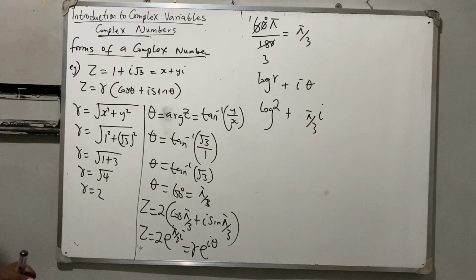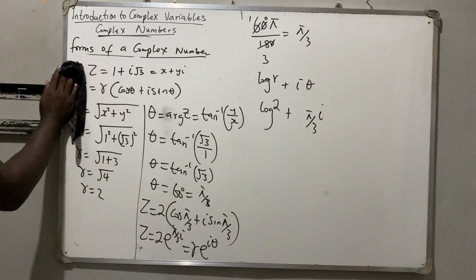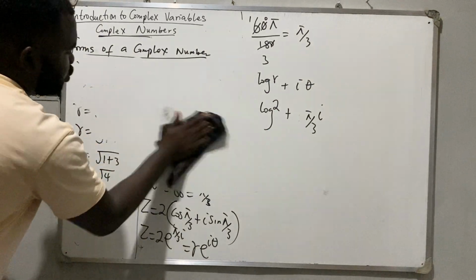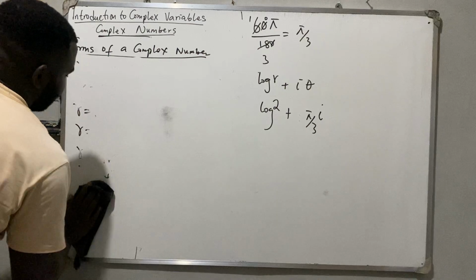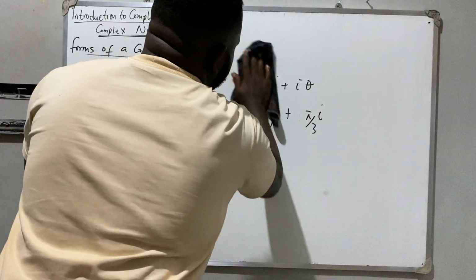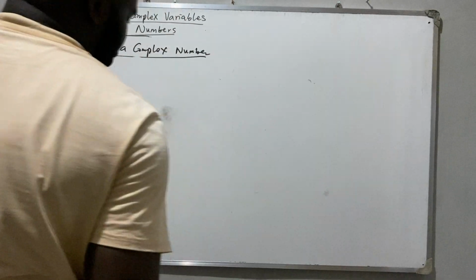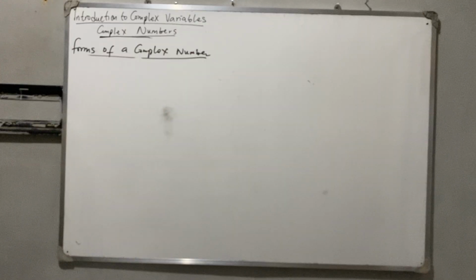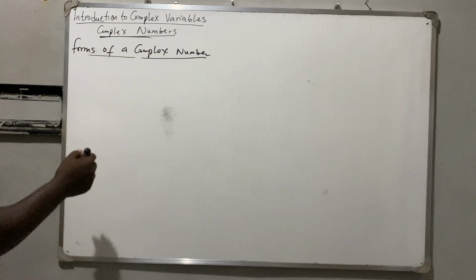So that is that. Now, another important thing I want us to look at is the concept of even and odd functions, because it will play a major role in your polar form if you have a negative number as your argument. So we need to know about odd and even functions.